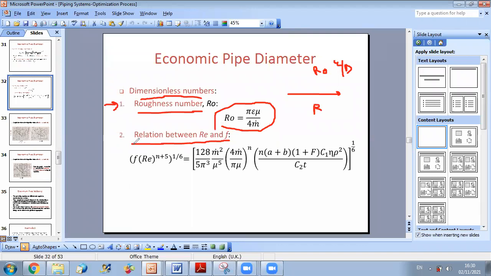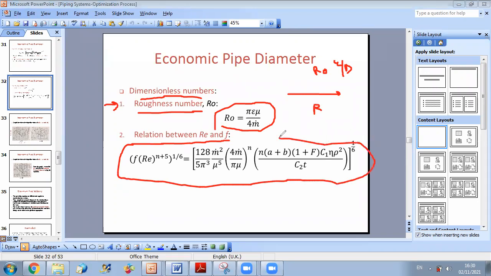So we can derive a relation between the friction factor and the Reynolds number that is related to all parameters involved and defined before, which are the mass flow rate, efficiency, fraction of maintenance, costs, multiplying factors, constants C1, C2, etc. You are not responsible for how we got this relation.